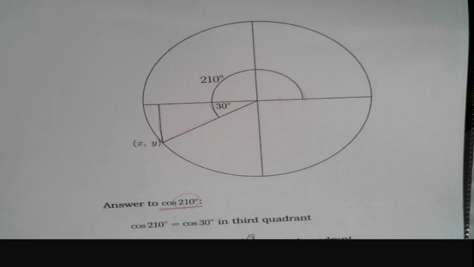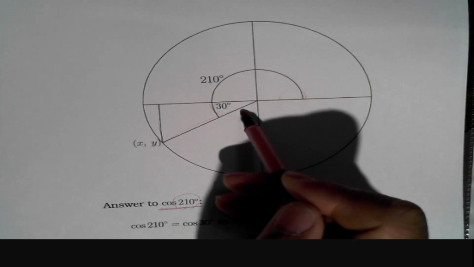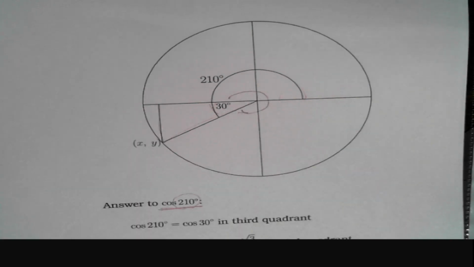Okay? And then you go to the function. Cosine means what? Adjacent over hypotenuse. So cosine 210 is cosine 30 degree in the third quadrant. In the third quadrant, the cosine is negative.